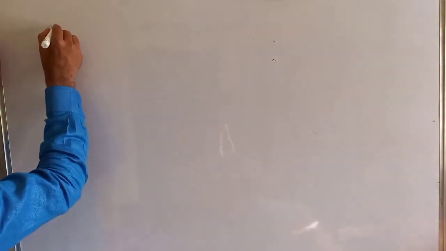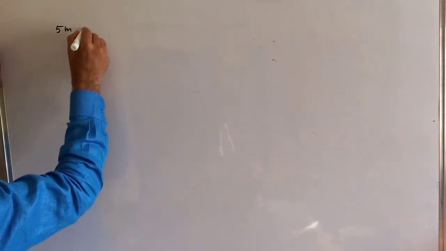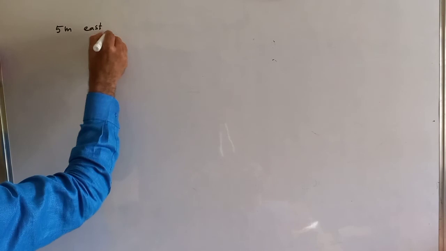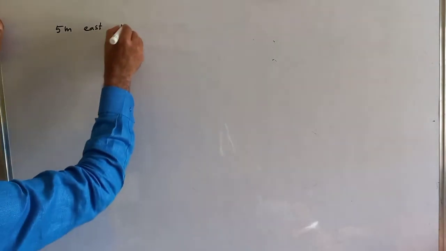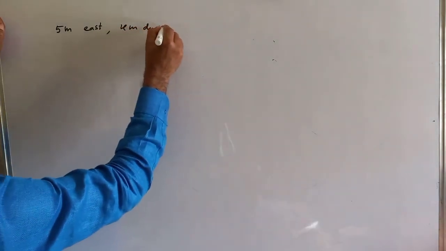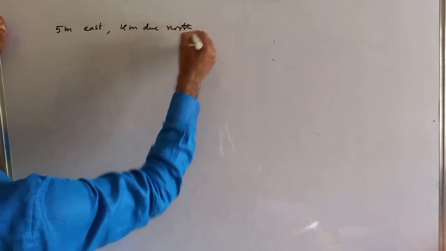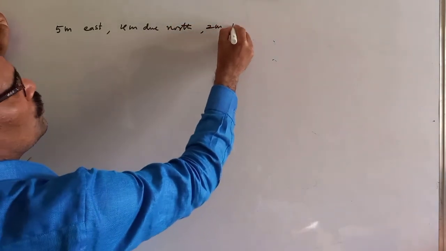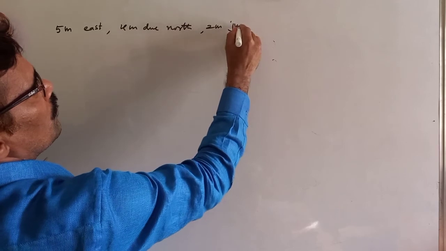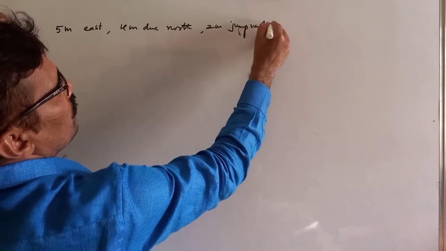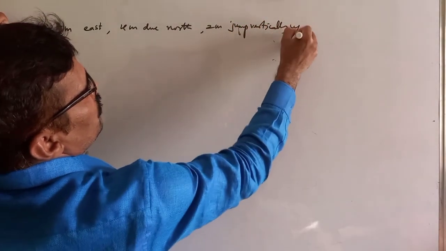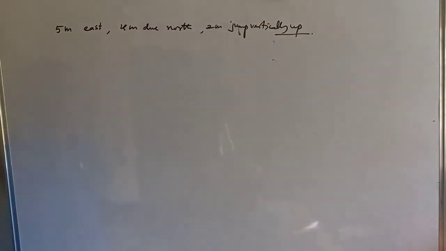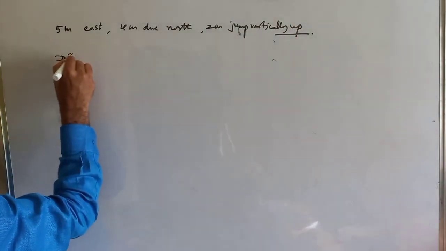Please, students: 5 meter due east, 4 meter due north, and 2 meter jump vertically up. Then his displacement is, sir, here.